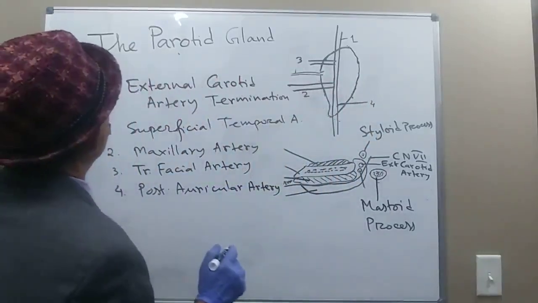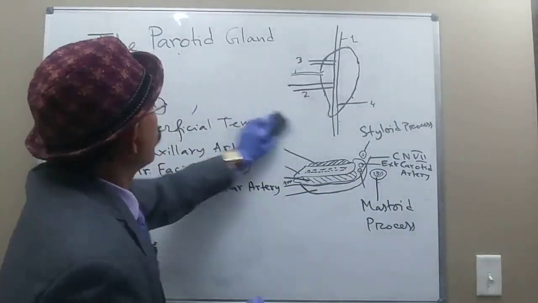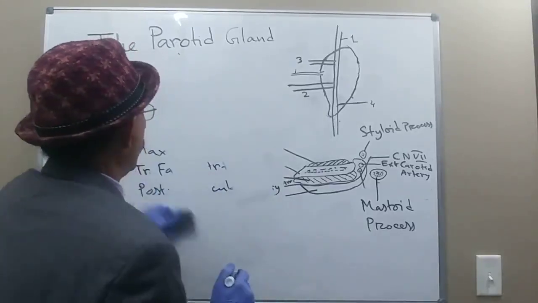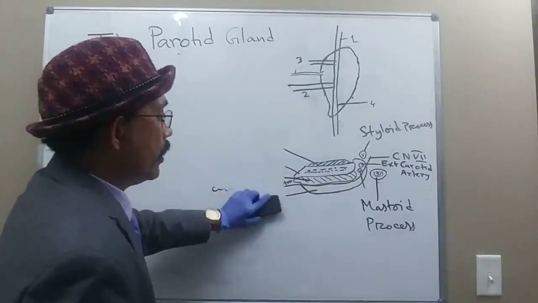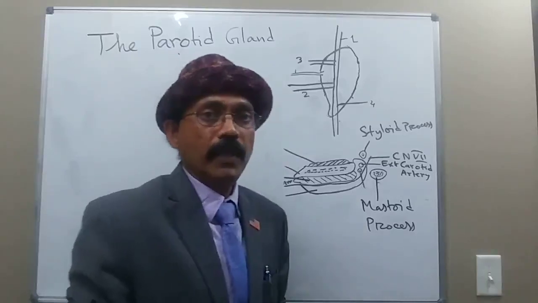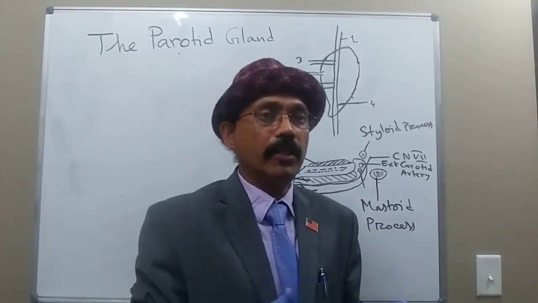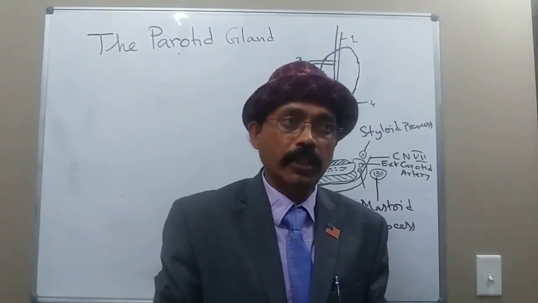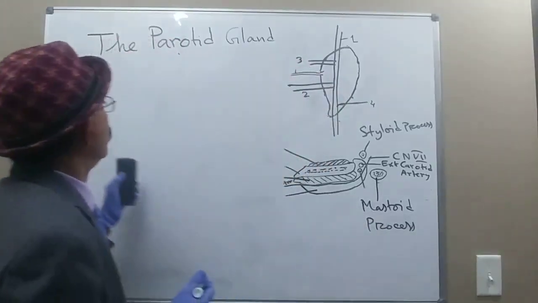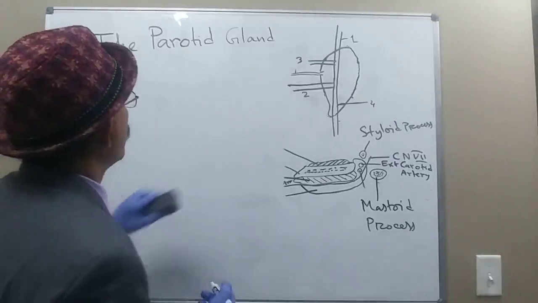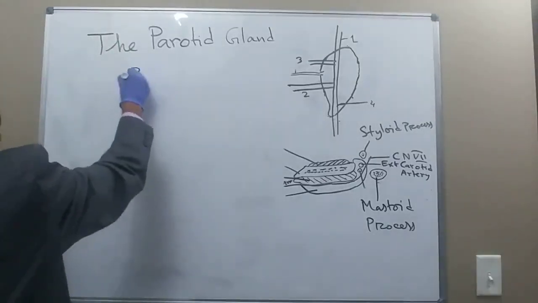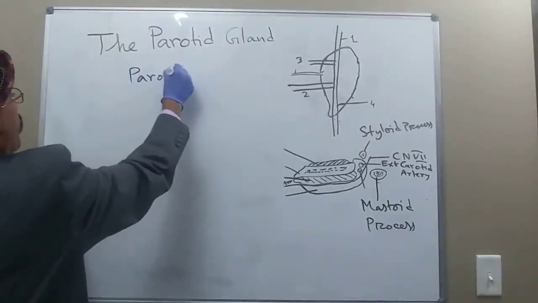So, as a content of the parotid gland, we may add the parotid lymph nodes. Okay, so some of them over the capsule of the parotid gland, some are inside the parotid gland. We got that.